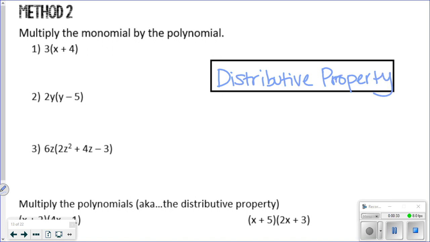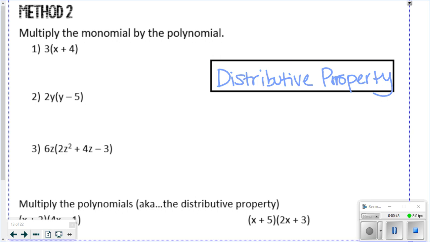And we can use the distributive property on any type of question. So what we're going to do is work through some examples here.